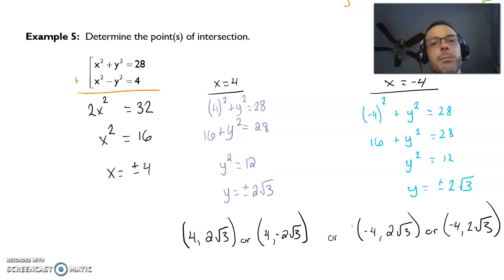It'll probably be studied a lot more depth in Algebra 2, but it's a slightly different type of a shape. And the x coordinates are 4 or -4, but the y coordinates are 2√3 or -2√3, no matter which value of y or of x we select.